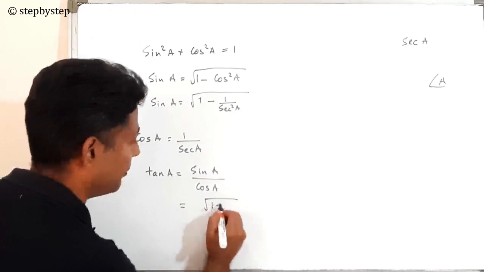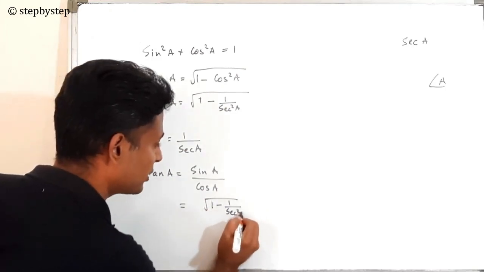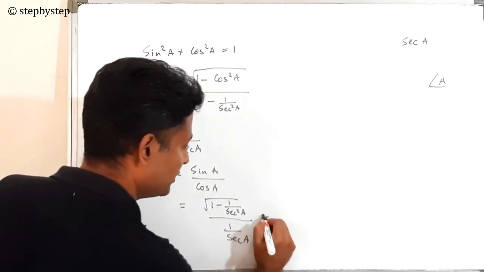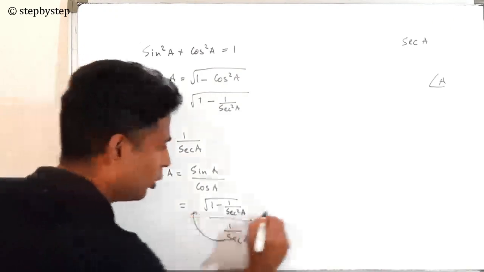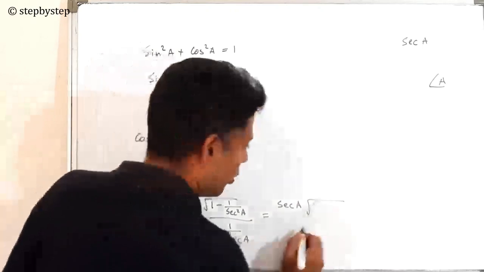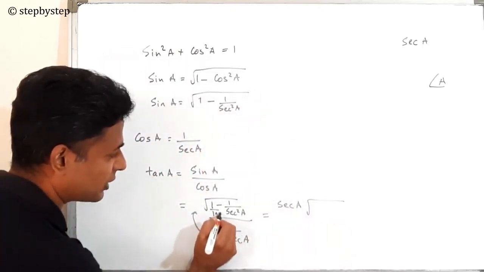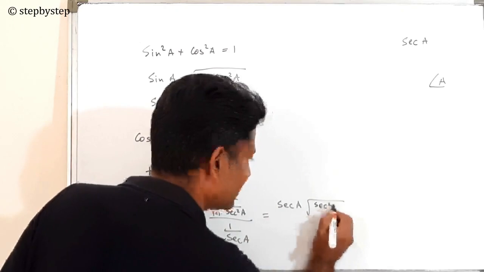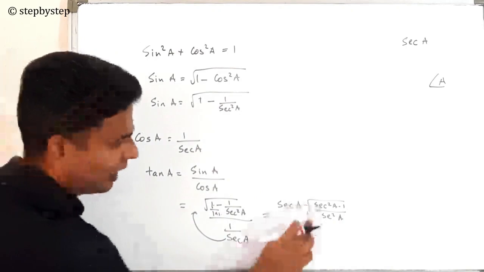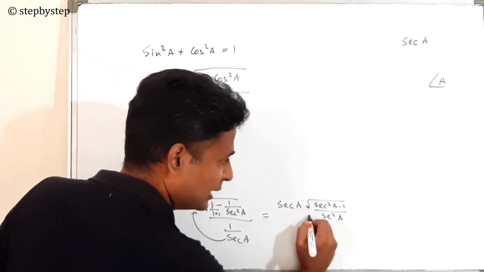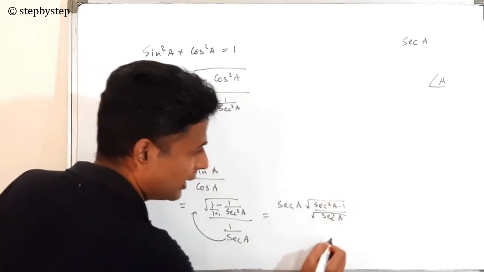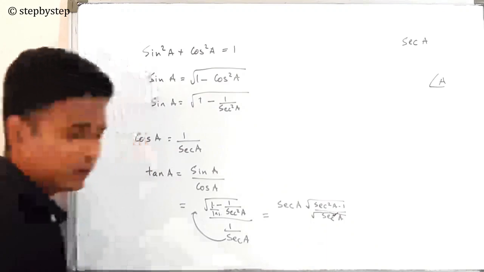Sin A we have already got as root of 1 minus 1 by sec square A, divided by cos, which is 1 by sec A. This sec A, since it's in the denominator, will go up. It will become sec A into root of 1 minus 1 by sec square A. Now if I take the LCM, I get sec square A minus 1 by sec square A. Now if I split the roots, it becomes root of sec square A minus 1 by root of sec square A. Root of square is square root and square will cancel.